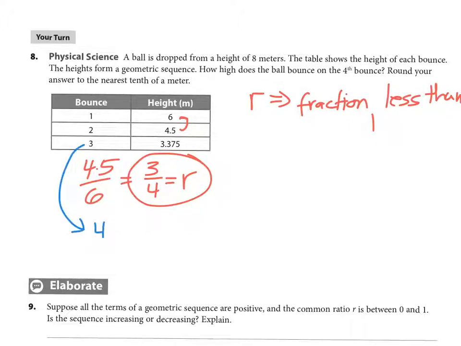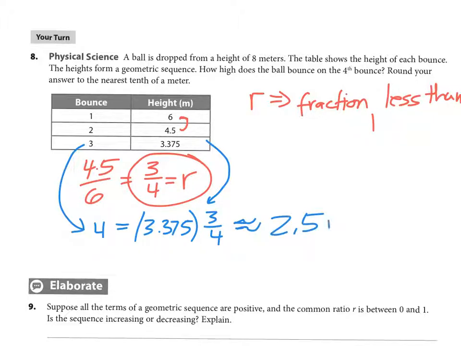To get term number 4, I take the previous value, 3.375, and multiply that times my r, 3/4. It says round to the nearest tenth. 3.375 times 3/4 rounds to 2.5. So approximately 2.5, and that's in meters. On the fourth bounce, it would be at 2.5 meters.